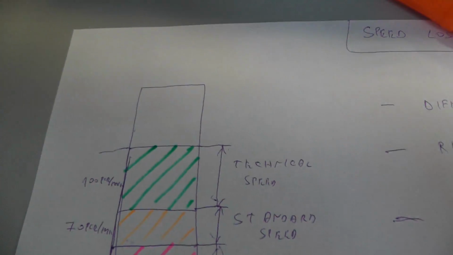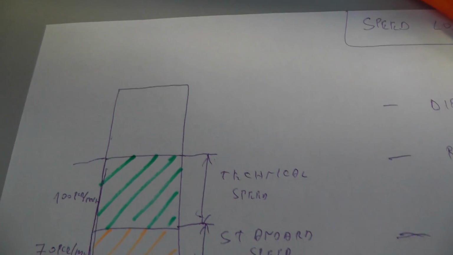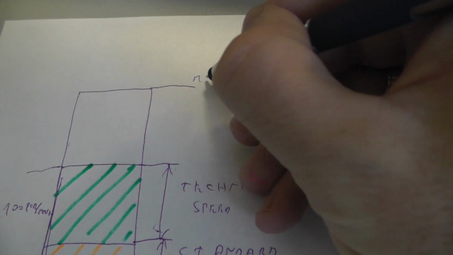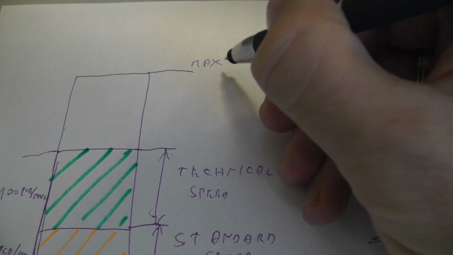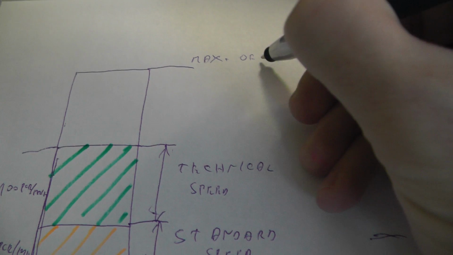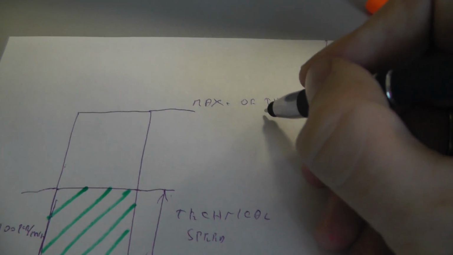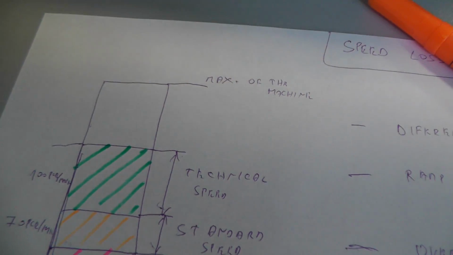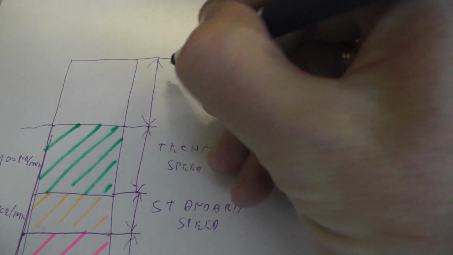And the last one, if we improve something on the equipment, this can be a machine maximum or equipment maximum, max of the machine. And this is, you know, what is it?